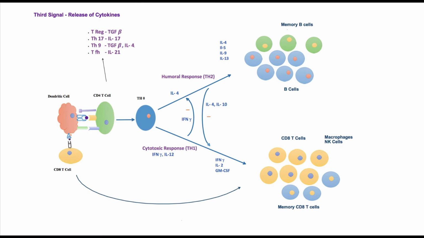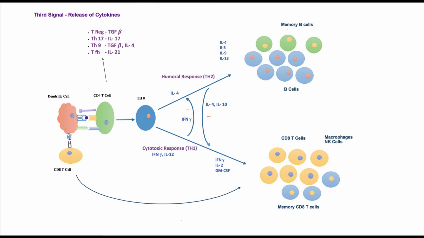Now we have seen process of CD4 T cell activation and proliferation. Now we will see how immune response is directed according to a particular pathogen. After activation and proliferation of CD4 T cells, a second wave of cytokines, also called third signal, will direct immune response according to nature of pathogen.